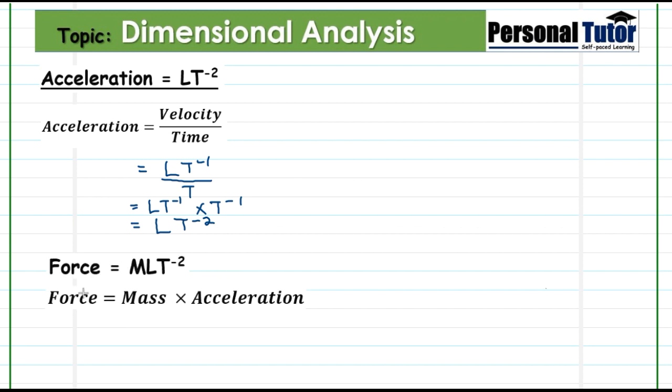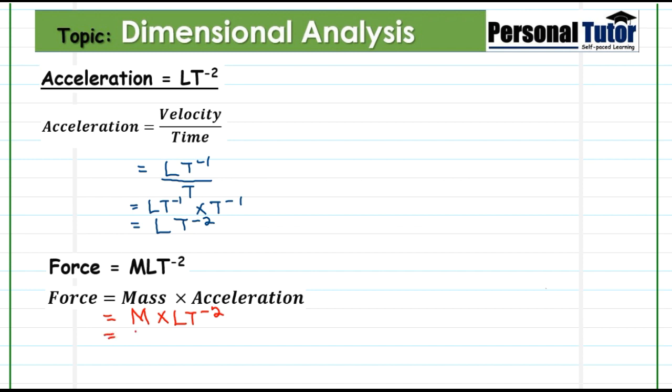Now to force, whose dimensional equation is MLT exponent negative 2. It is so because force is expressed as mass times acceleration. Now mass has a dimensional unit as M, times acceleration, which we just found to be LT exponent minus 2.